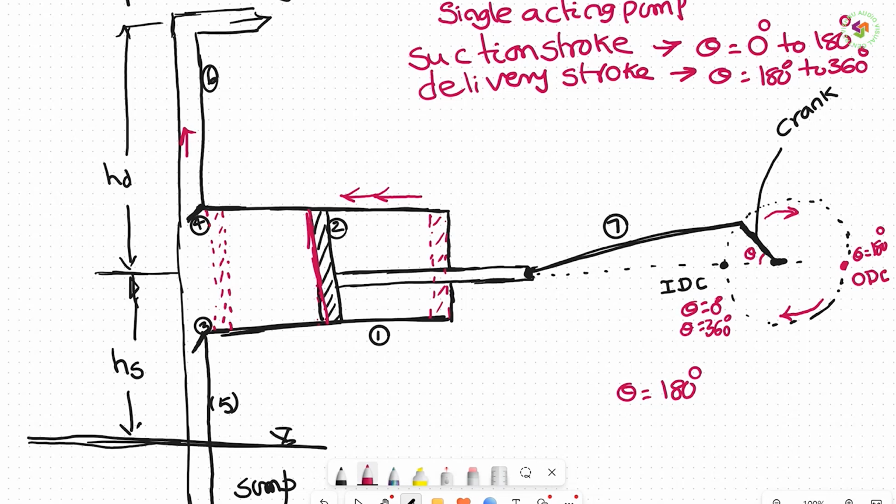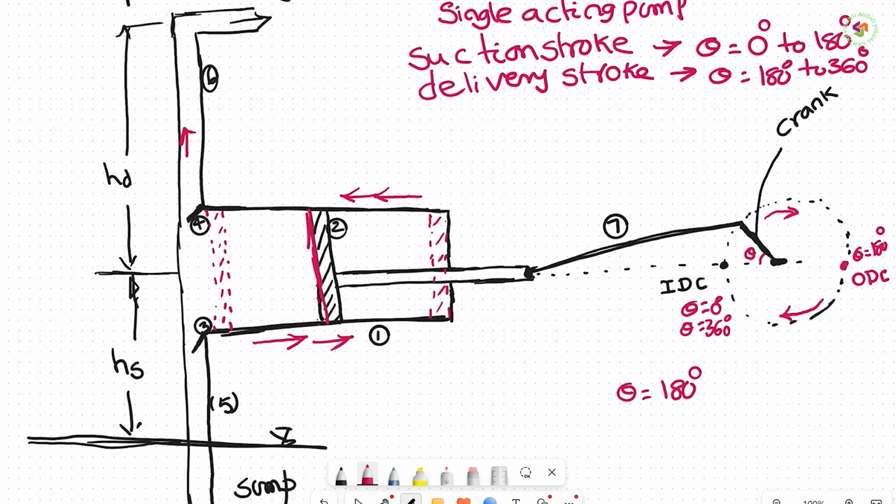So this is the fundamental way a reciprocating pump functions. The moment you see it, you understand the to and fro motion. When the crank is rotating because of the external source, the piston is moving forward and backward. During the suction stroke, the piston moves backwards, whereas during the delivery stroke, the piston moves forward.